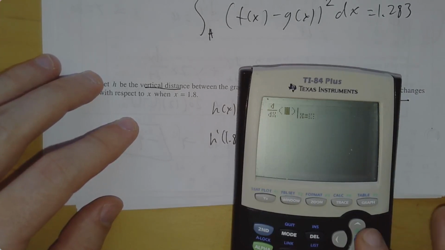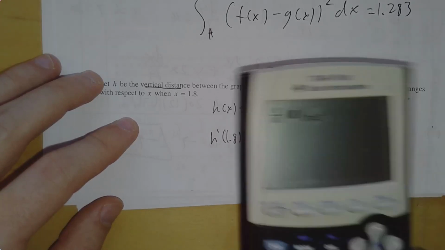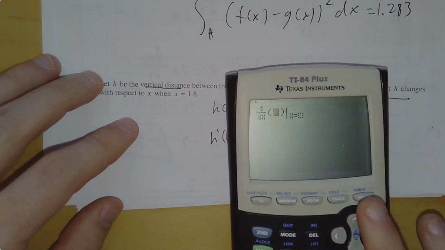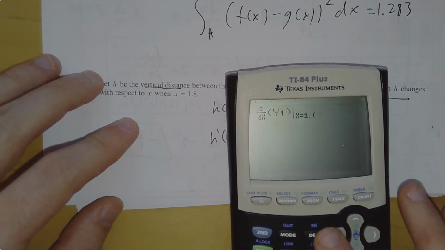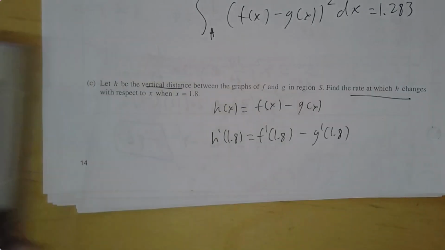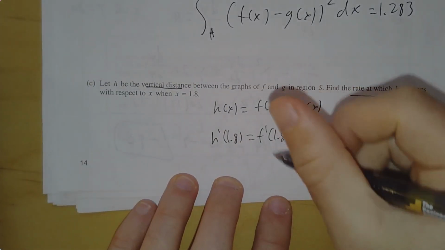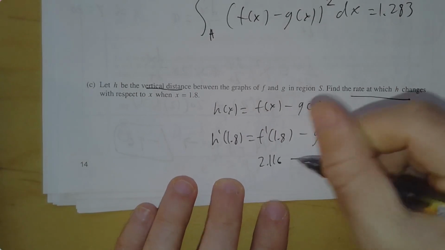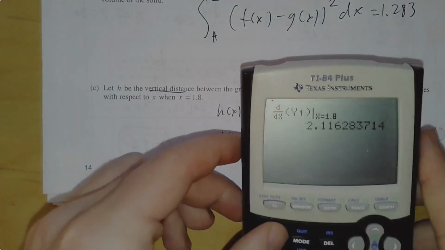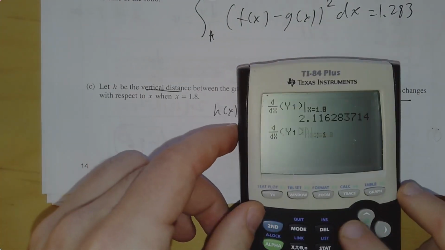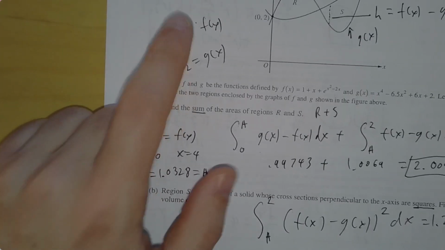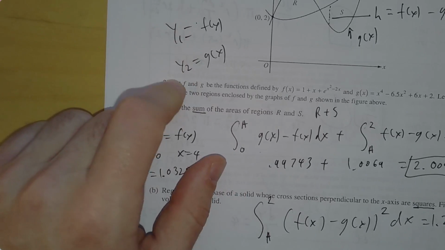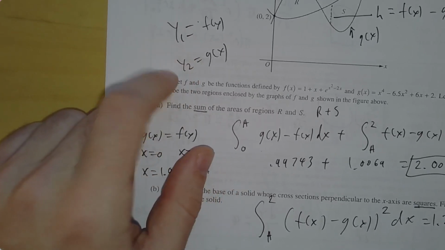And we're going to do the derivative of first f. So it's going to be y1 at 1.8. And we get 2.116, minus, and then we'll do the same thing but for y2. This is really important that you label. I would definitely label which one's y1 and which one's y2, somewhere on your page, so you don't make that mistake.